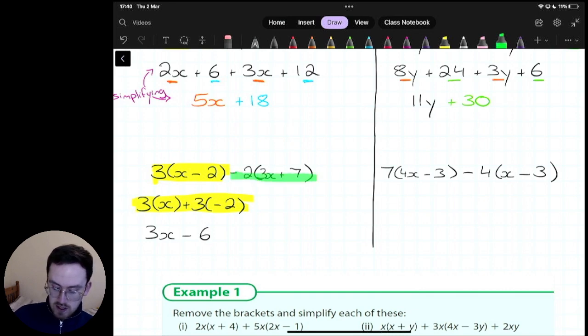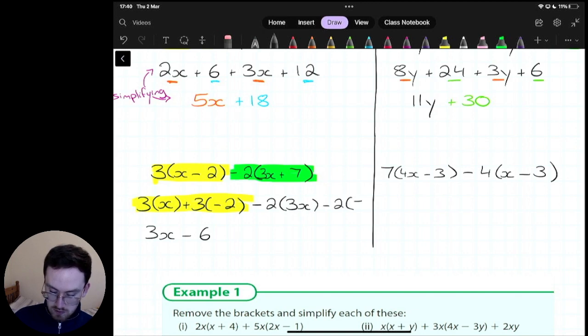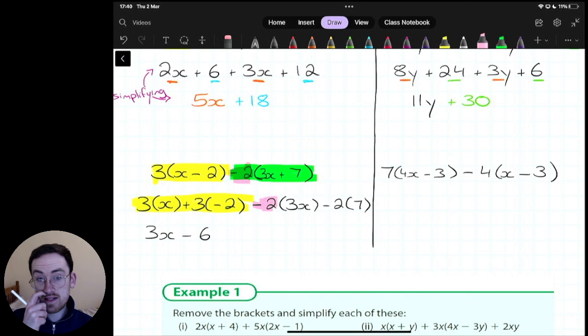Now the next part, we just need to be careful about the minus 2. So we make sure, like the sums we looked at there, we have minus 2 multiplied by 3x, minus 2 multiplied by 7. So again, this number in front here is always exactly the same as this one here, and that includes the sign, because the sign is important.